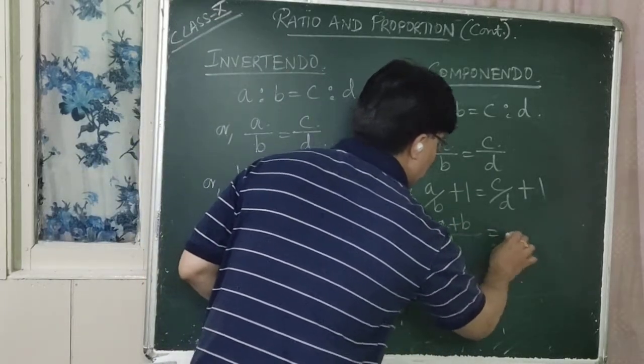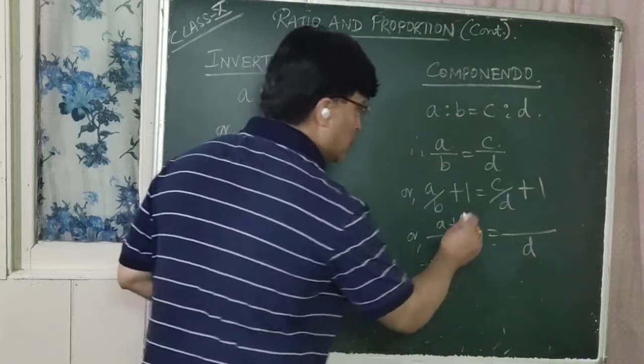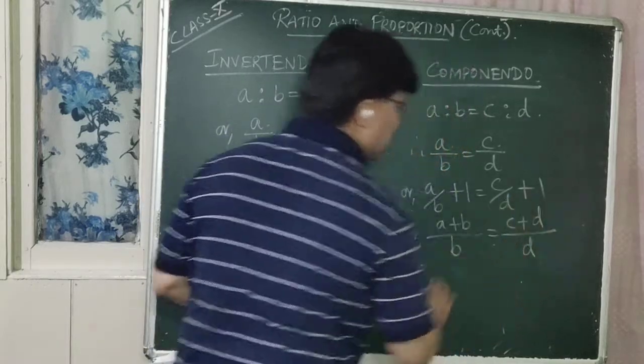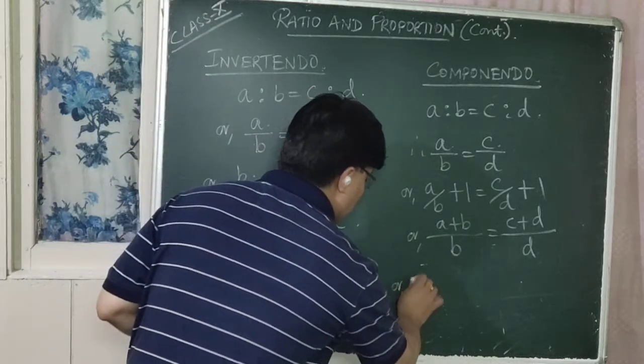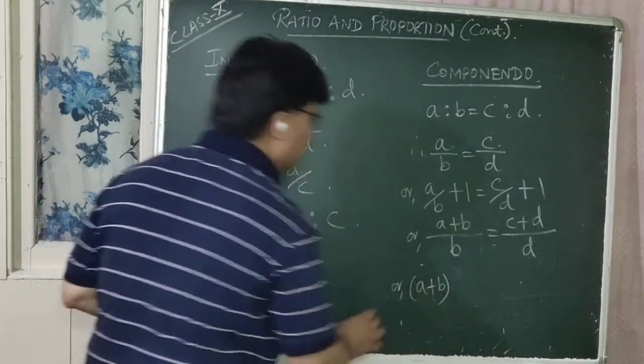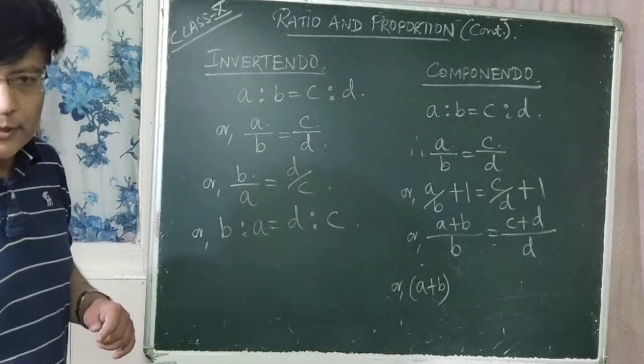A plus B is equal to, here the LCM is D. So numerator will be C plus D. That means you can write it in terms of fraction. This fraction can be written in terms of ratio.